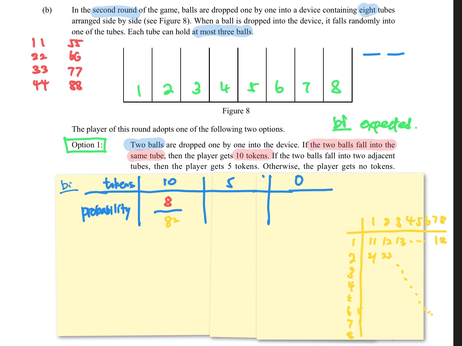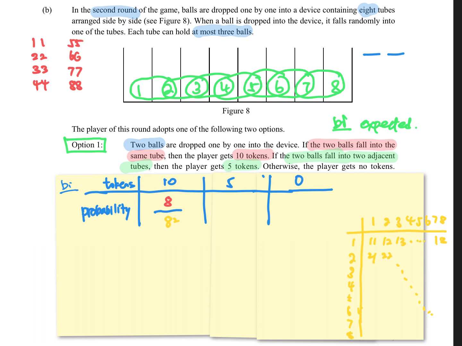And then for the second case, what will that be? That will be if the two balls fall into two adjacent tubes, which gives 5 tokens. In that case, that would be 12, and then 23, 34, 45, 56, 67, and 78.